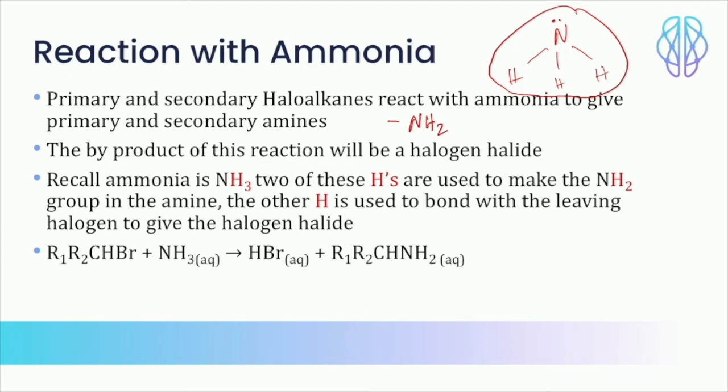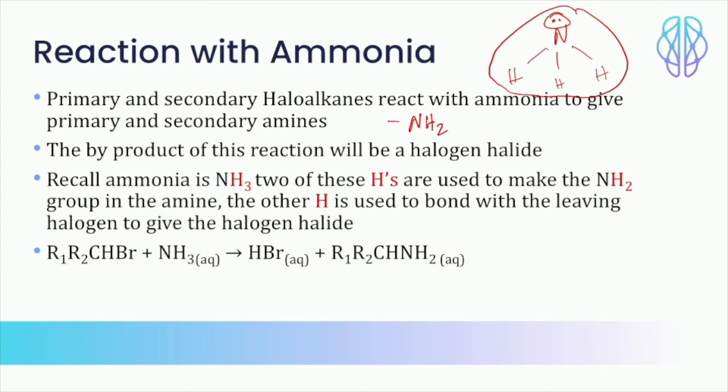You may recall ammonia from our discussion on acids and bases, with ammonia being a weak base. However, it is also a nucleophile. Although it's not negatively charged, it does have these outer shell electrons that are readily available to donate to a slightly positive or electron deficient area, such as the carbon in a haloalkane.